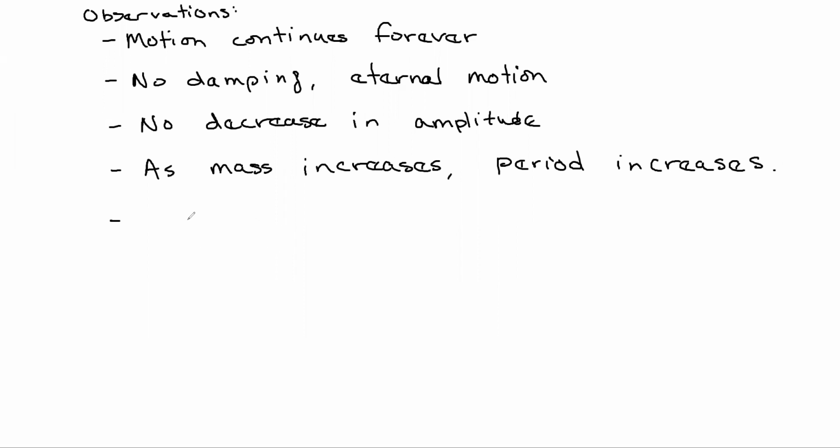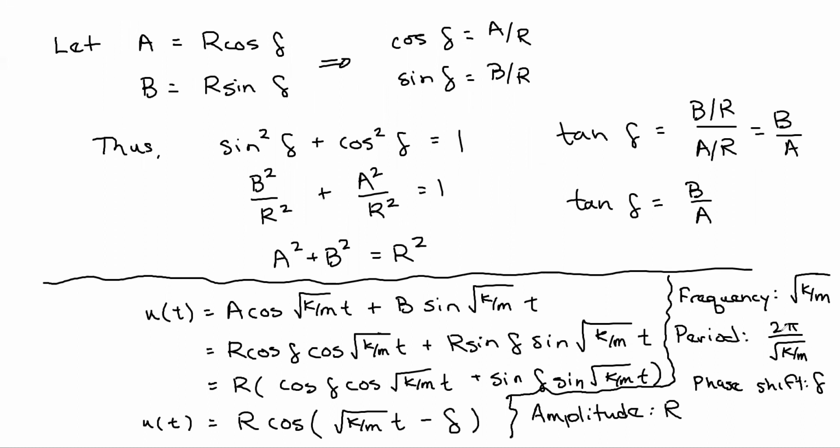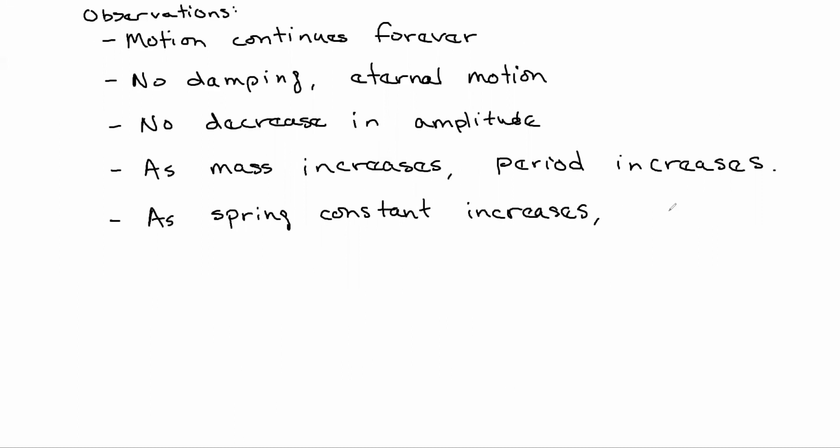What about the spring constant? So as the spring constant increases, how would that affect it? So the K is in the denominator. So as the spring constant increases, that's going to have the opposite effect, and so the period is going to decrease.